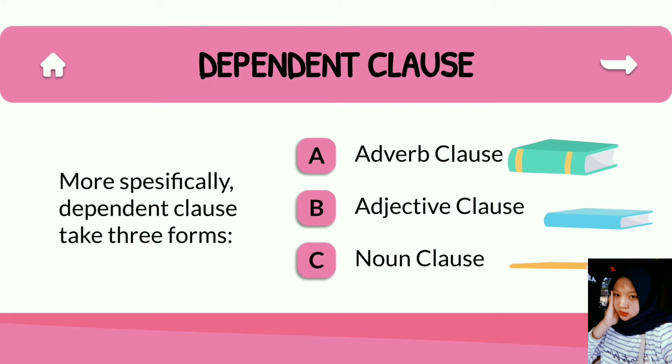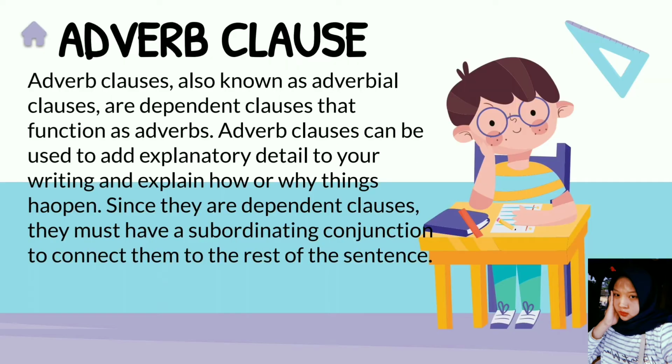Dependent clause. More specifically, dependent clauses take three forms. Number 1 is adverb clause, number 2 adjective clause, number 3 noun clause. Number 1 is adverb clause. Adverb clauses, also known as adverbial clauses, are dependent clauses that function as adverbs.